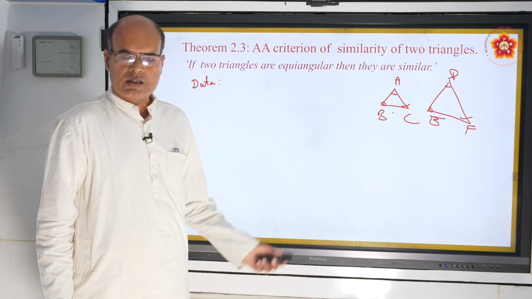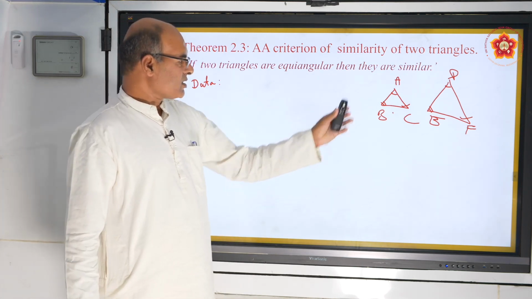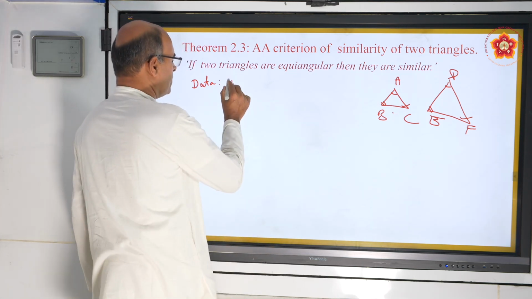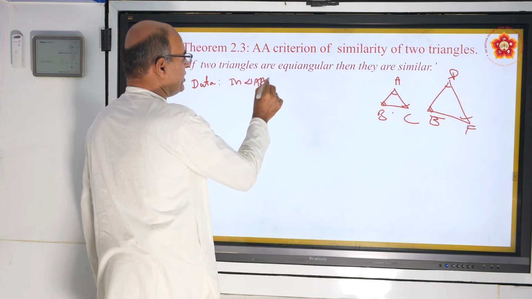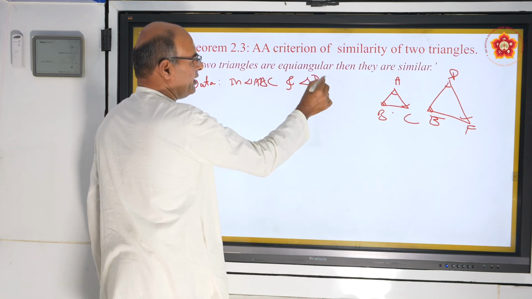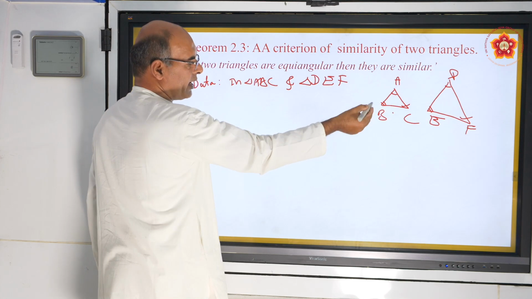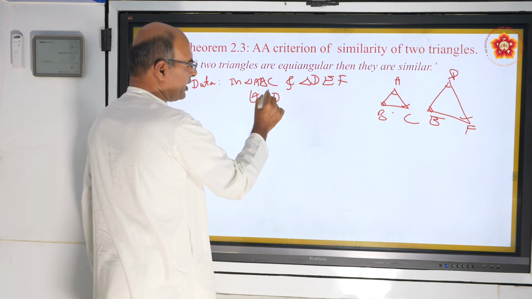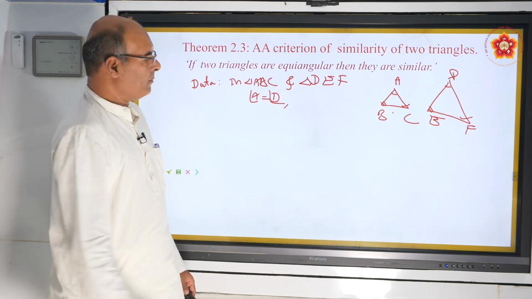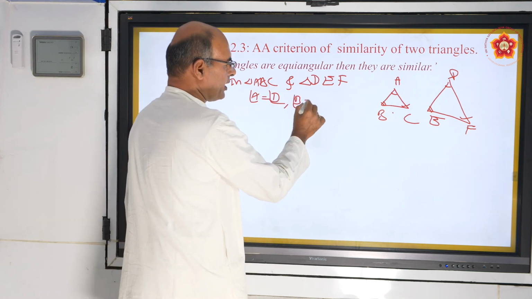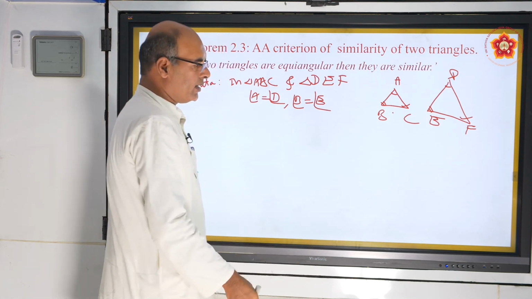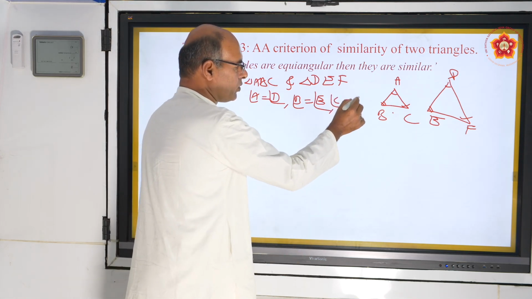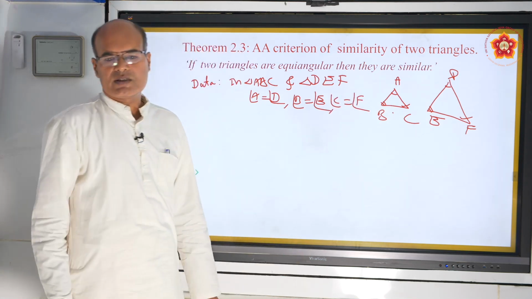Those are two triangles with three pairs of equal angles. So in triangle ABC and triangle DEF, write the equal angles. Angle A of the first triangle is equal to angle D of the second triangle, angle B is equal to angle E, and angle C is equal to angle F. So this is data.